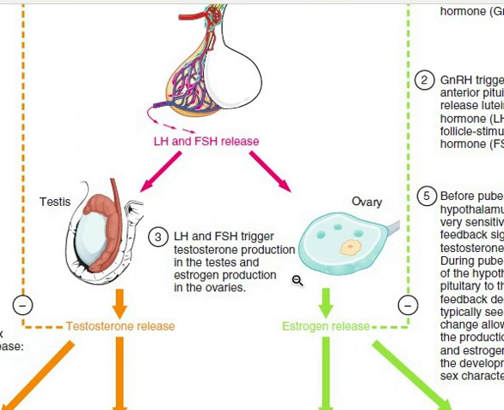So once again, you have LH and FSH release. That's both for men and women. And in the ovaries, estrogen is released, and that's important for female secondary sex characteristics, such as breasts develop and mature, hips broaden, and pubic hair grows. But it is also important for folliculogenesis. That means the production of follicles.